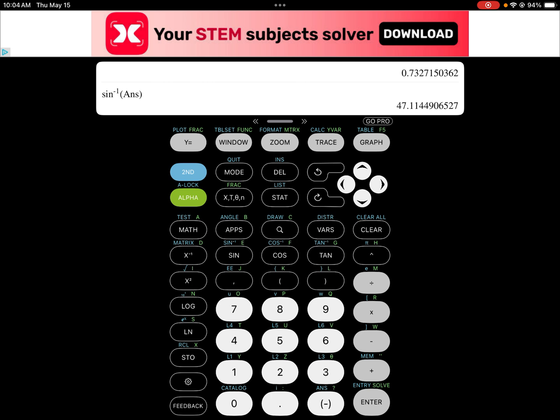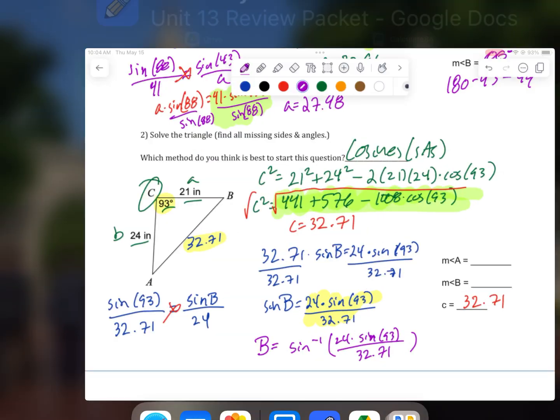Okay? I can also just plug it all in at once. Second sine inverse of 24 times sine 93 divided by 32.71. Enter, and get 47.11. That takes out the step of having to hit second answer if you want to take out that step.